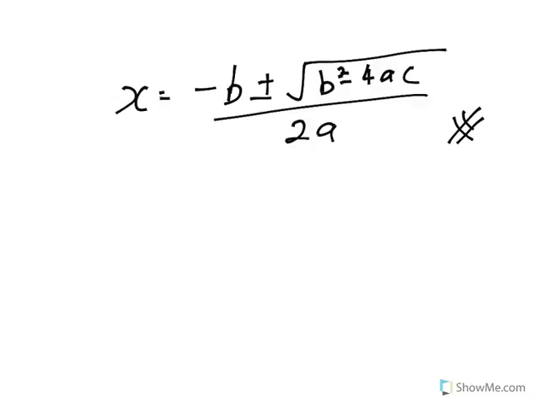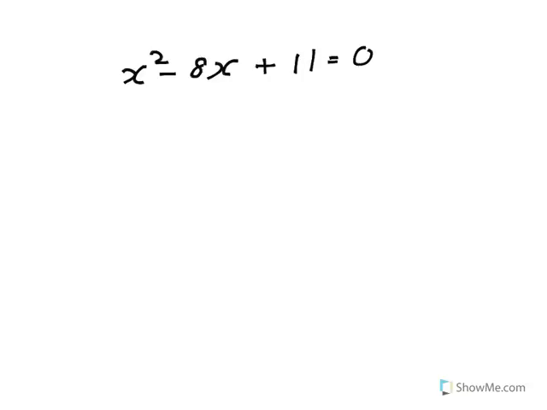Right, so with this in mind, let's take a look at a simple example. Let's try to solve x squared minus 8x plus 11 equals 0. Simple one.